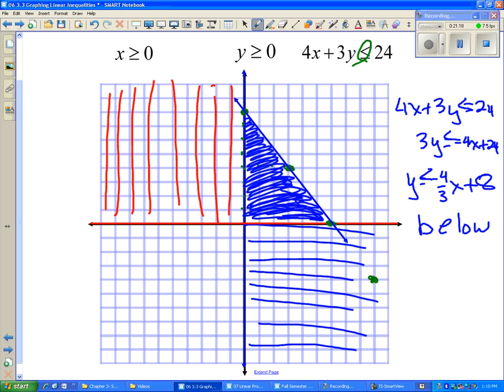I want what's to the right of the y-axis, above the x-axis, and below this blue line. So the triply shaded region is this triangle, and that's my answer. Since all of them are equal, all my lines are solid.